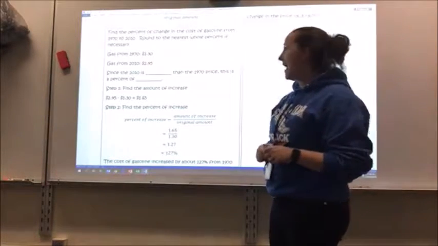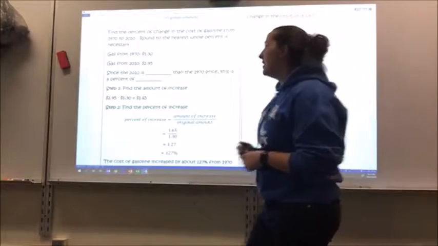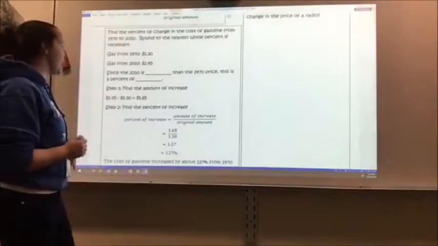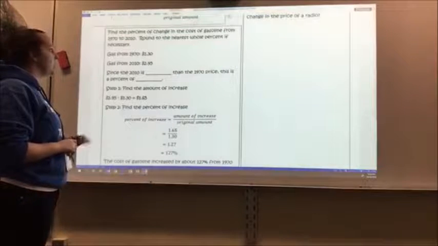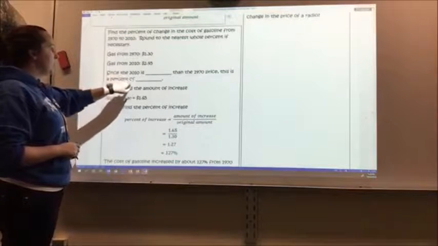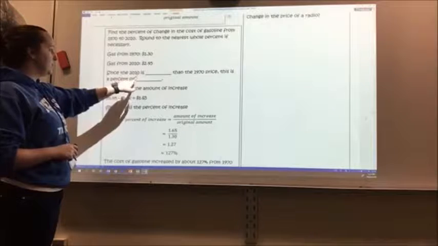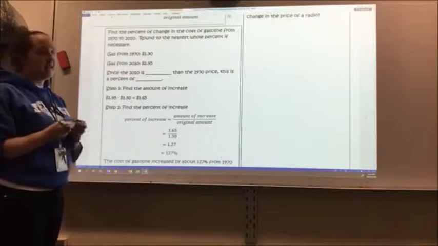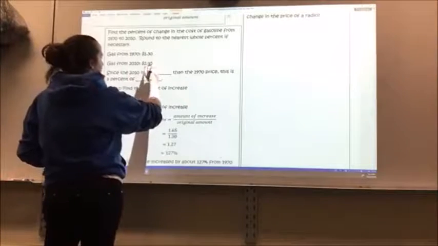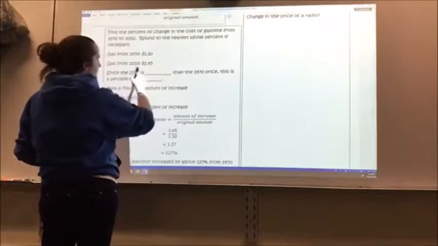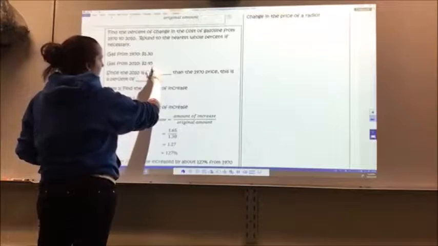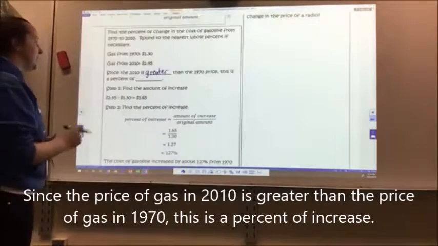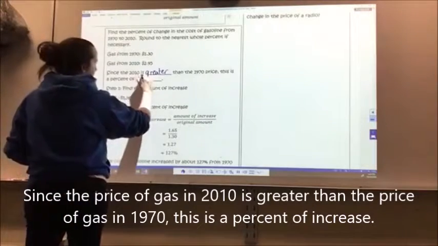Gas from 2010 costs $2.95. Since the 2010 price is blank than the 1970 price, this is a percent of blank. I'm going from 1970 to 2010, so that's an increase. So since the 2010 price is greater than the 1970 price, this is a percent of increase.